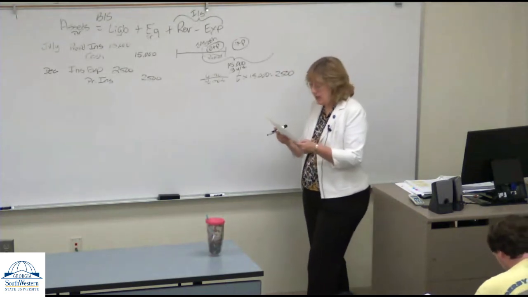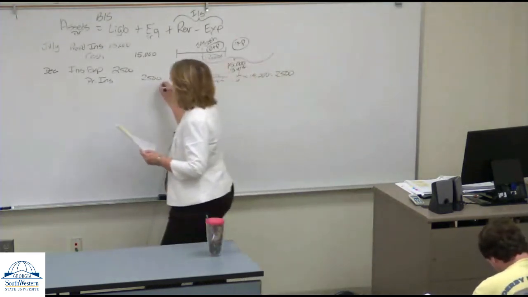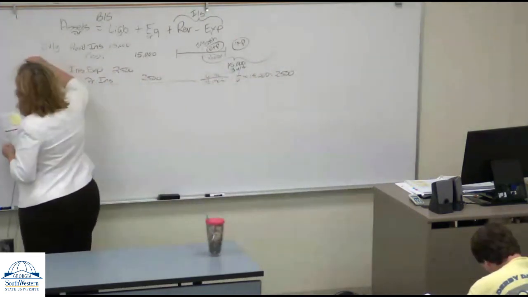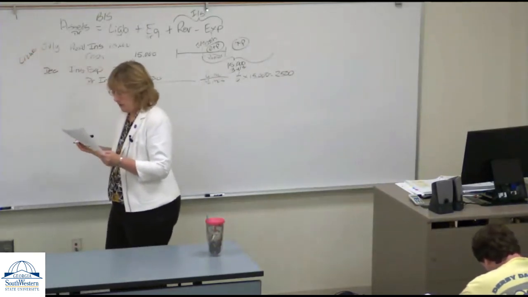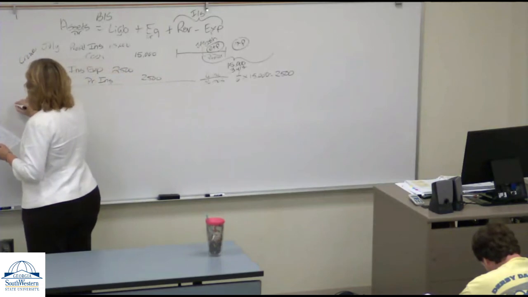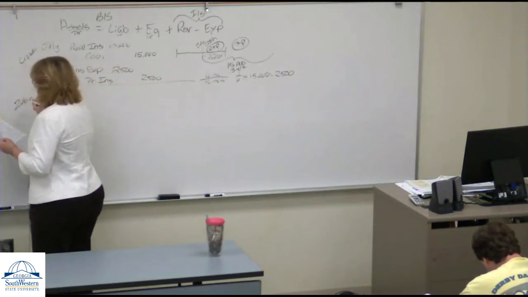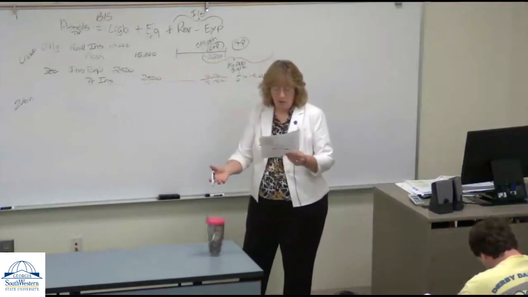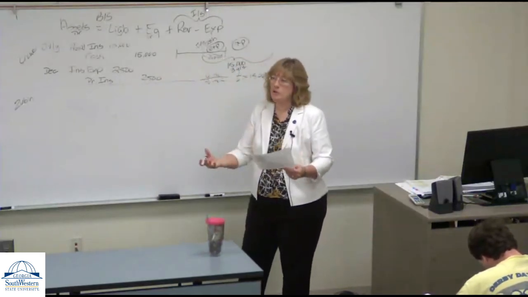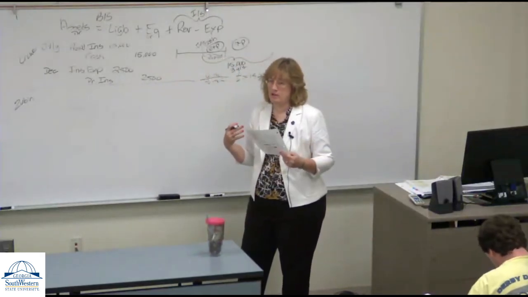Okay, good. Now we're going to look at it from the other point of view. That was Crow's point of view. Now we're going to look at it from the point of view of Zubin, the insurance company. Crow paid us early. We received cash early.